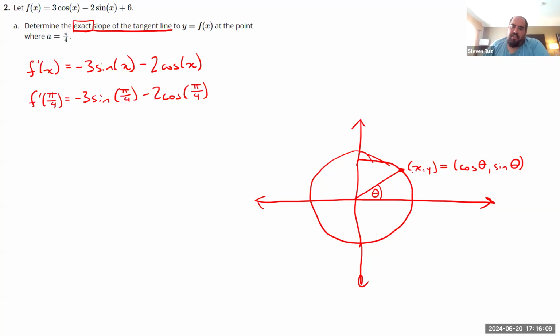So I want to know the x and y coordinates for this point here, given that this angle is pi over 4, or in degrees, 45 degrees.